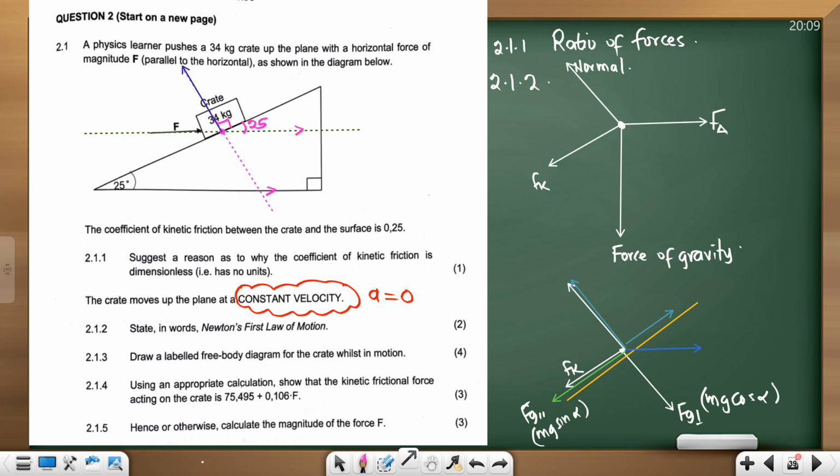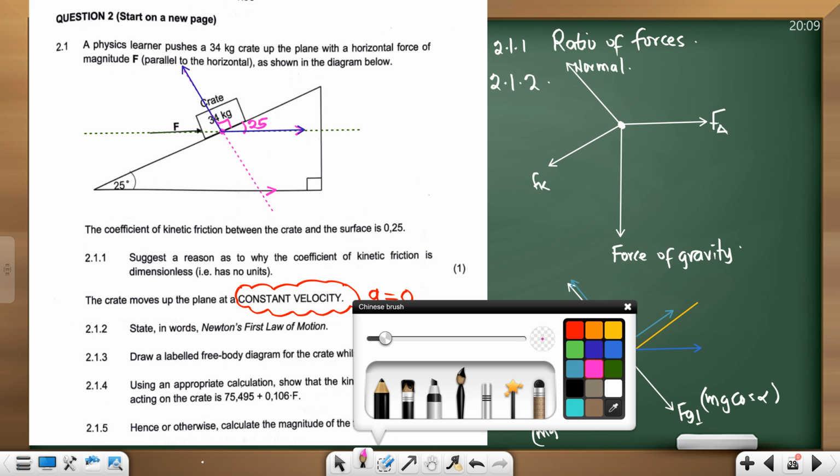So I need a component, and I want to find this one. What are we going to do? Let's work together. Let's use a bit of maths now. What are we going to do in terms of the angle?